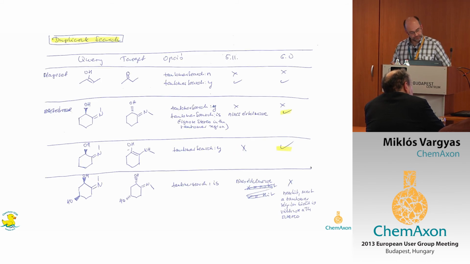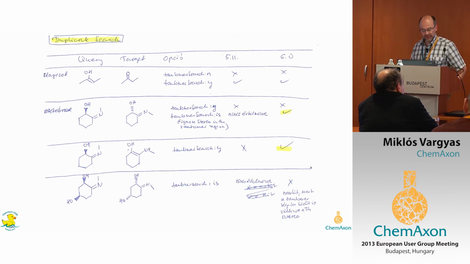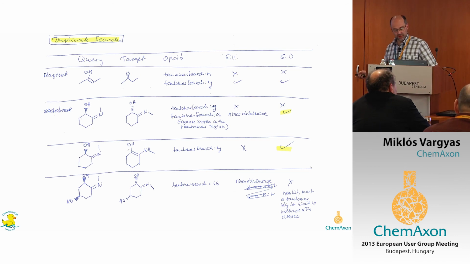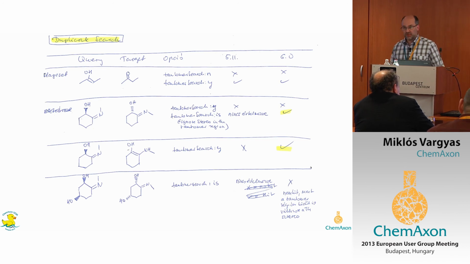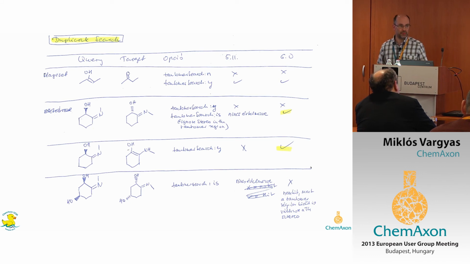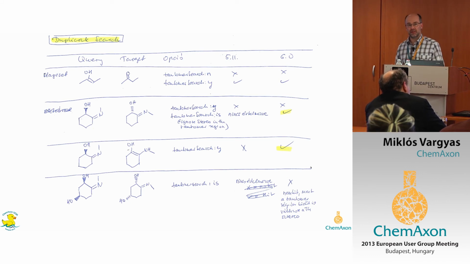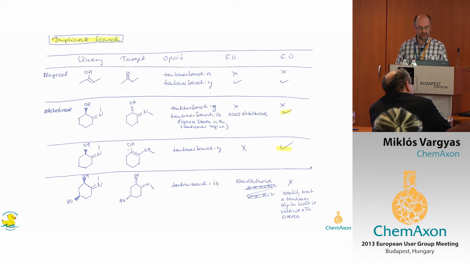JChem 6 greatly improved the correctness and consistency of tautomer search and thus provides a high level of chemical intelligence. But just as human intelligence, chemical intelligence is very, very hard to measure. What's easy to measure is performance, the speed.